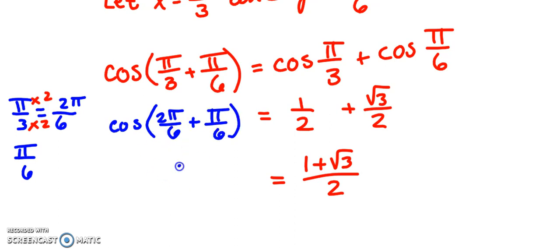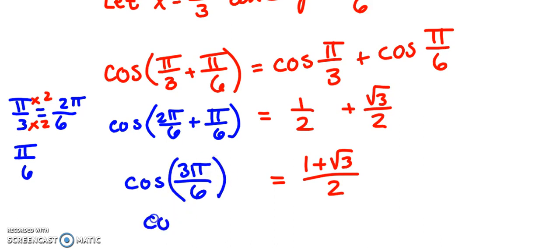If we combine those, that's 3 pi over 6, or pi over 2, sorry. And again, that is the same thing as saying cosine pi over 2, because you reduce that. Anybody remember how to reduce? 3 goes into 3 one time, 3 goes into 6 two times, so 1 over 2, just 1/2.